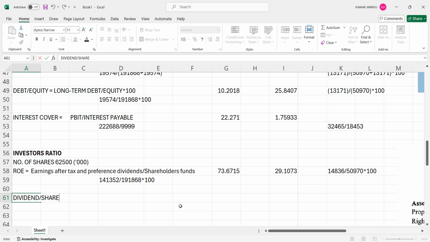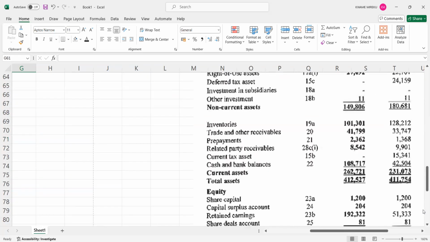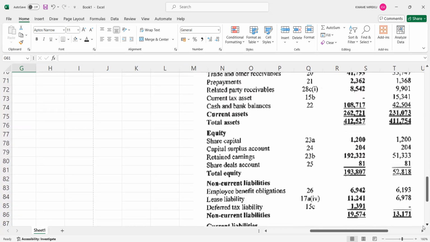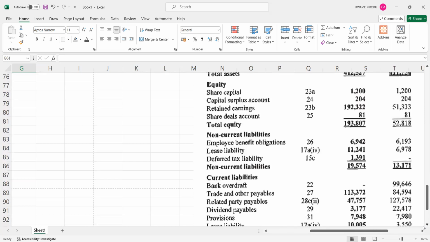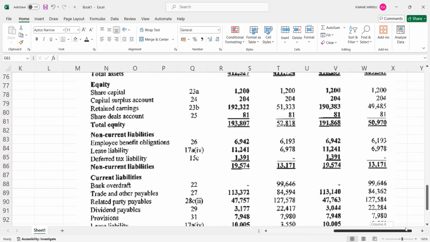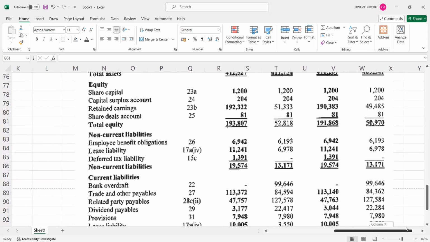That will be the dividends payable divided by the number of shares. Do you have any dividend payable in the question? If you have an income surplus, you can get the dividend payable. But sometimes the balance sheet might contain the dividend payable, so you can just go there and take it.